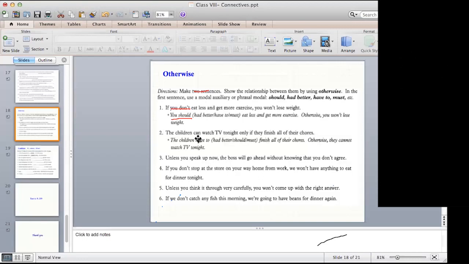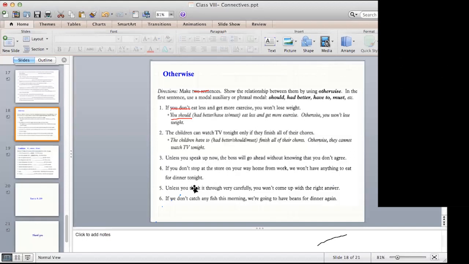And this modal verb could be a modal verb of obligation, must, have to, or a modal verb of advice. Okay? So if you go back to unless, example 5, for example: Unless you think it through very carefully, you won't come up with the right answer. So I think this is just an advice here. You should think it very carefully, full stop. Otherwise, you won't come up with the right answer.